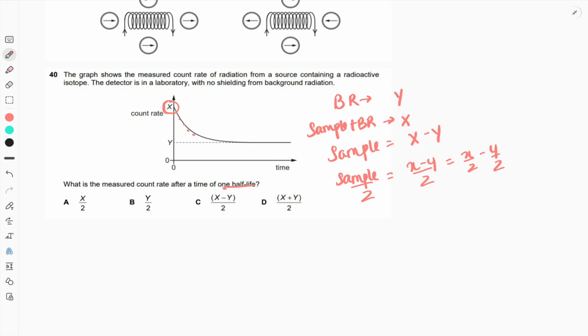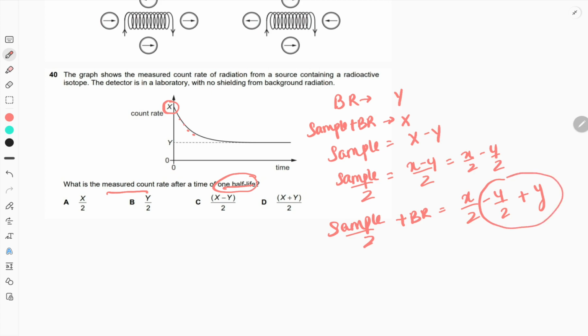However, for me to use this graph to find the measured count rate at half-life, remember this graph has background radiation, which means for you to use this value, you will again have to add background radiation, because each and every value in the graph contains background radiation. So my equation becomes x minus y upon 2 plus background radiation, which is y. Solve this one please.